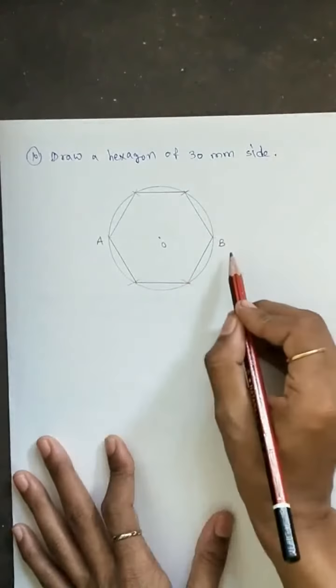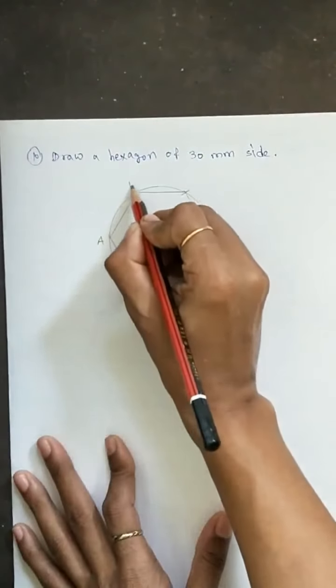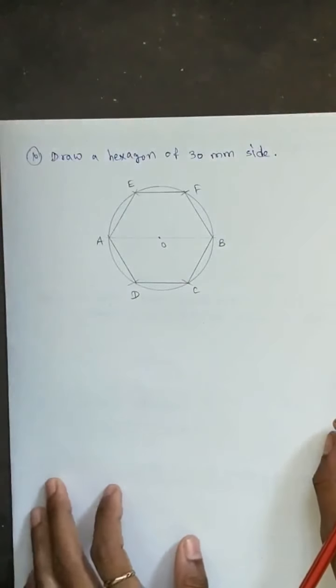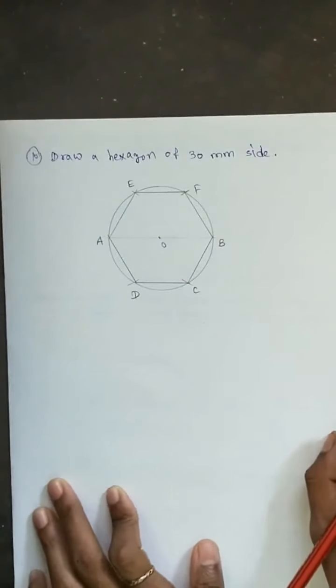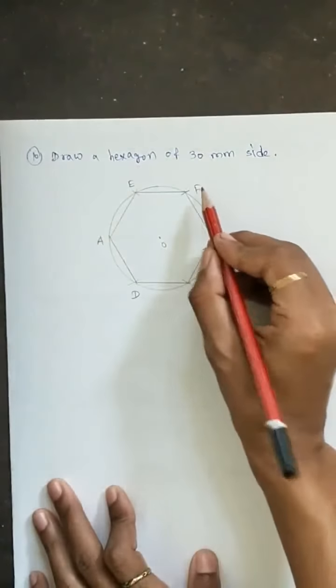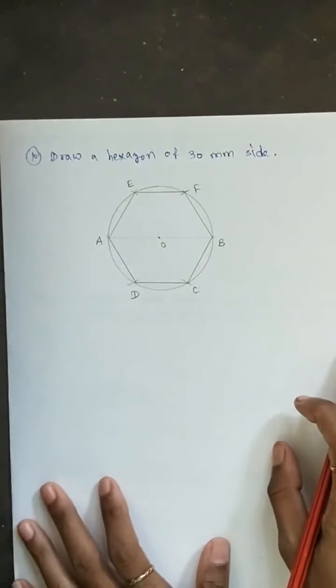So give the names A, B, C, D, E and F. You can change the names as A, B, C, D, E, F or give names as you want.